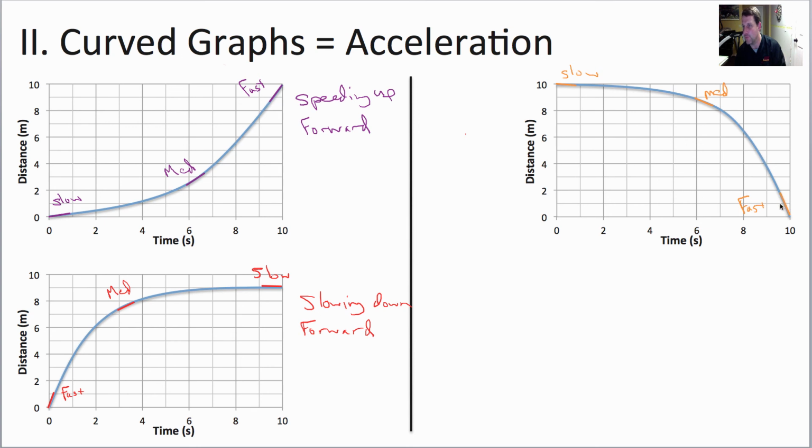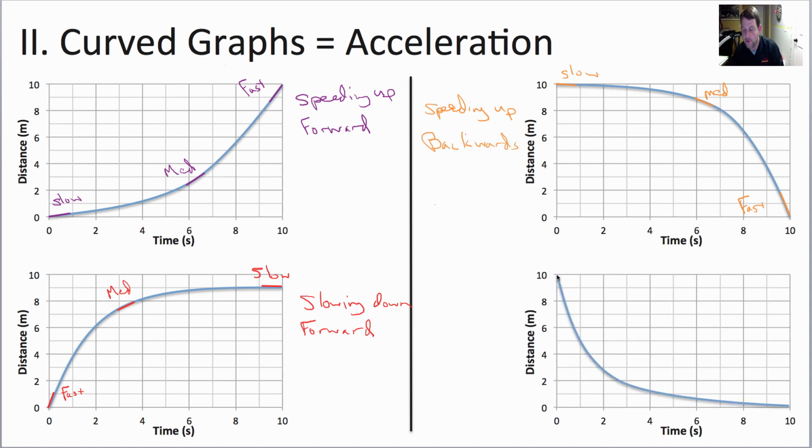It's the amount of slope that tells you how fast it's moving. This is changing a big distance every second compared to a small distance. So here we go from slow to fast, so we must be speeding up. Now notice we start out really far away and we get closer to the finish line. That must mean that we're moving backwards. We're losing distance. So this is speeding up backwards.